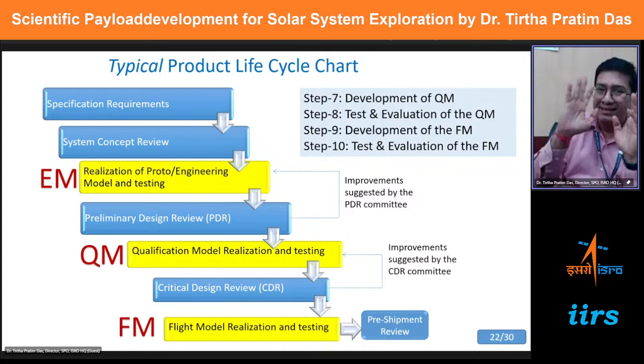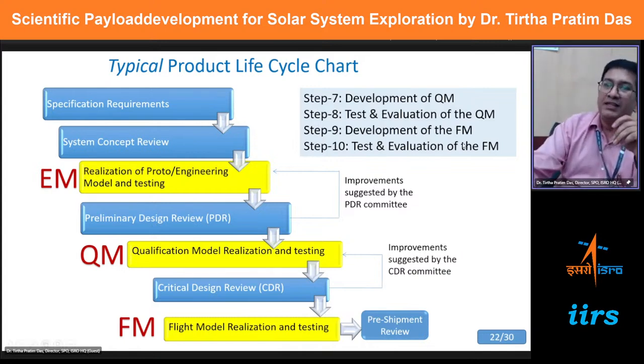Typical life cycle is like this, very simple. You start with the system specifications, you do a system concept review, and then the yellow one is a milestone. You develop your engineering model, and then after the engineering model is prepared, you test it, and you present the test results of your engineering model to whom?